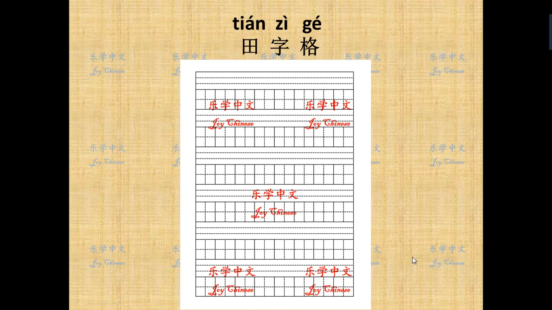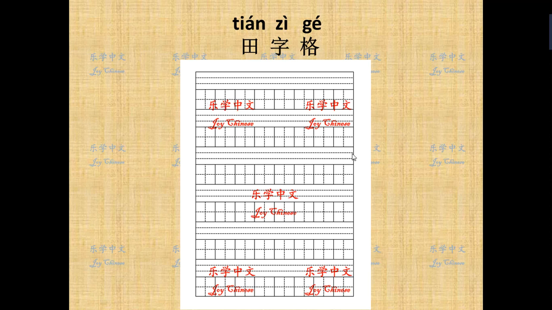If you want to learn Chinese characters, you had better have a form like this. We call it 田字格. It is a combination of a square shape form together with these lines to practice pinyin on the top and Chinese characters in the bottom. You can find the way to make this 田字格 in my channel. I prepared 2 videos, one in English, one in Chinese.